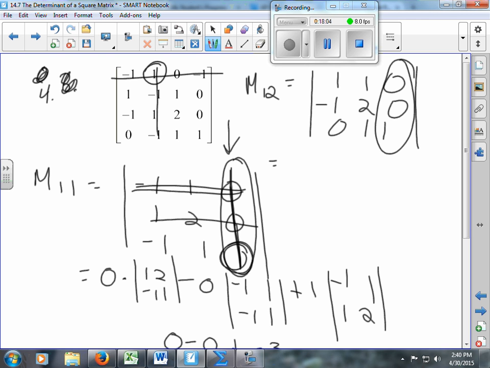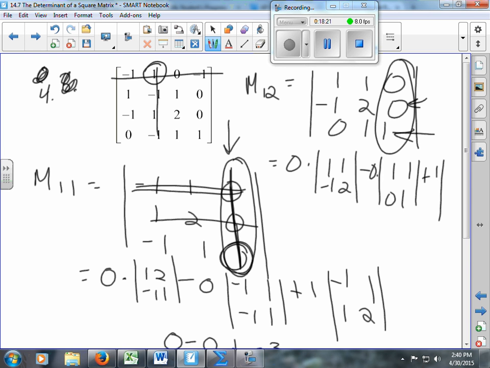It has the most zeros. So we're going to do 0 times the cofactor associated with that one, minus 0 times the cofactor associated with the second 0, plus 1 times the cofactor associated with this last one, which is 1 1 -2 -1 2. Ran out of space.